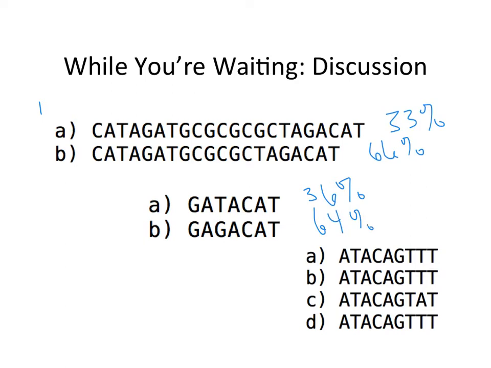That's interesting. A little pattern emerging. What do you think is going to happen on the third one? We've got 2% B and 98% C.